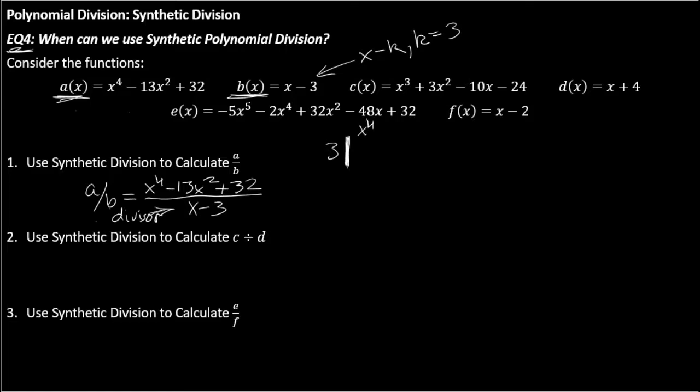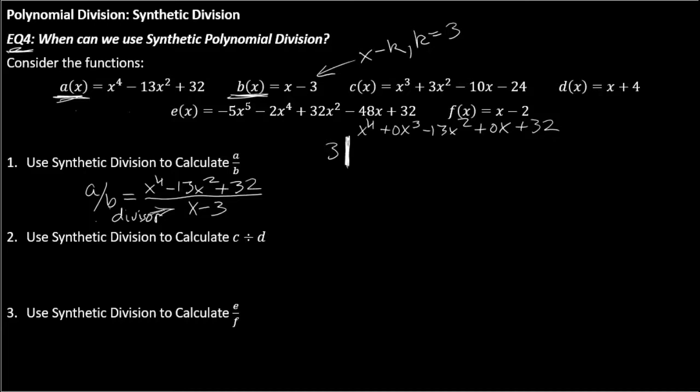I want to account for all place values, so that includes my missing third degree: plus 0x to the third minus 13x squared, and then we're missing the x to the first power, so plus 0x plus 32.